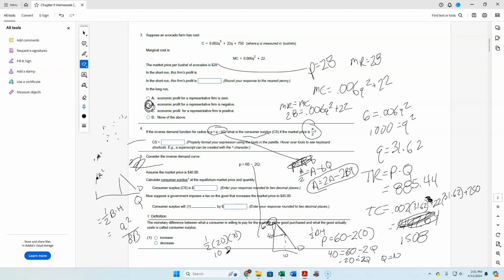Now, if the government imposes a tax that raises the price to 45, what we can see here is that we're going to have a smaller consumer surplus. It would be 15 times 10, so 150, if you're given the same numbers that have been given here.